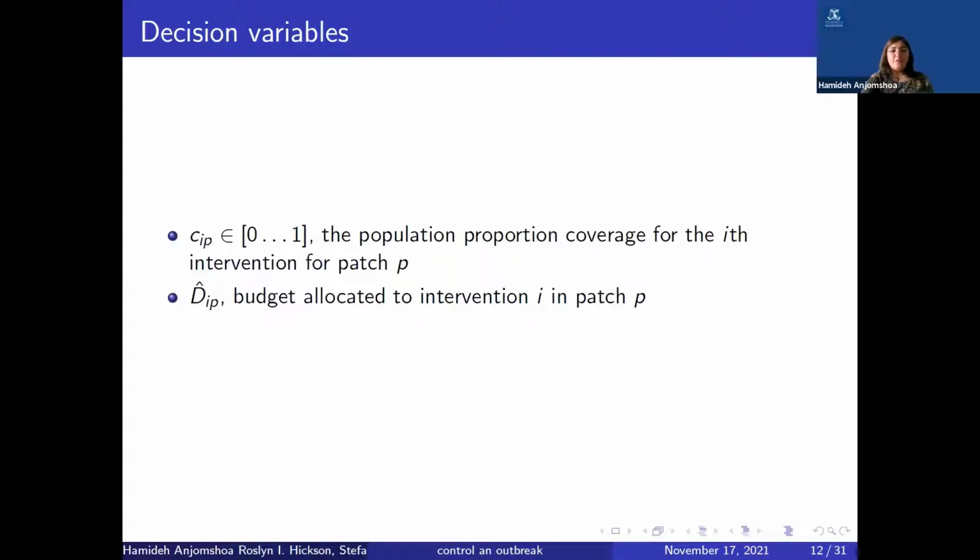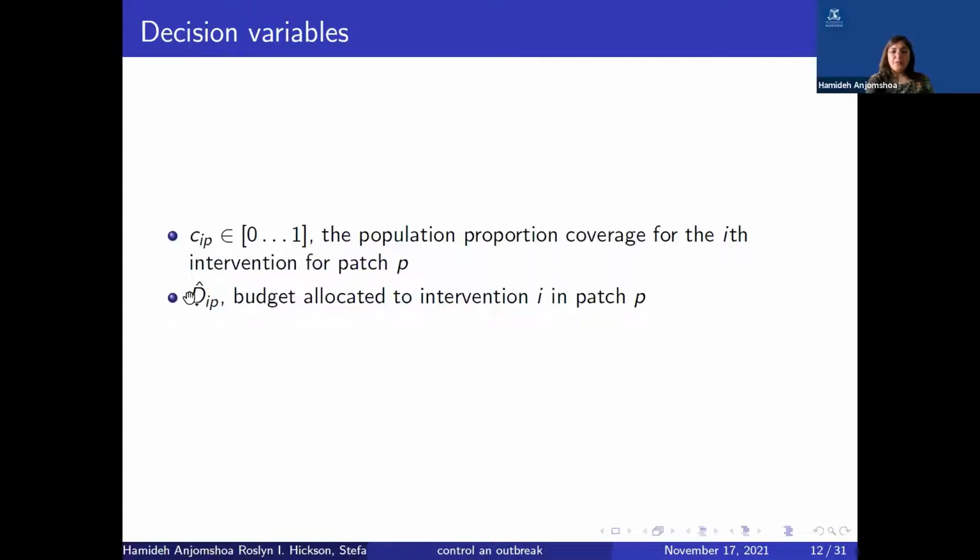So now we know our input parameters. The next question is, what are the decision variables that we need to consider? This is CIP, the coverage, which is the population proportion covered by the ith intervention in patch P. Definitely this is between 0 and 1.